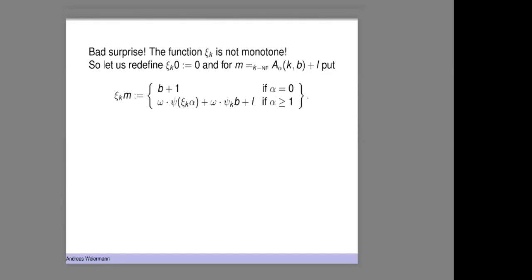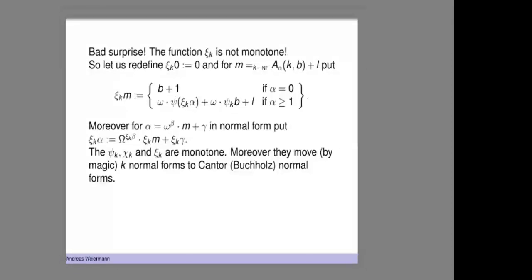And if m is in normal form a alpha k b plus L, then ck of m in the critical case is defined using the Buchholz psi function applied to psi k of alpha, where for an ordinal less than epsilon 0, I really move the alpha into the uncountable world. Ck of alpha is in general an uncountable ordinal. And this is good because this will be a correct definition.